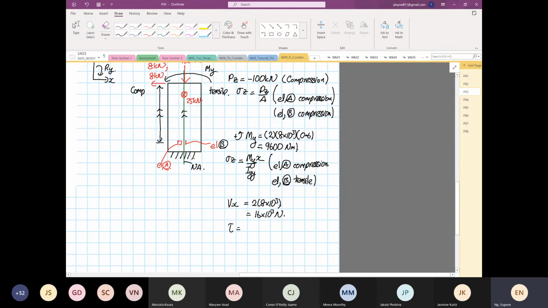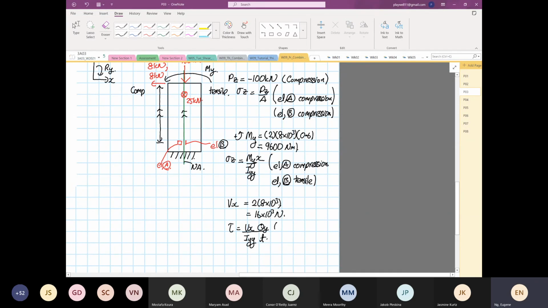Later on, we talk about shear stress in what direction, so just do shear stress. This is Vx over Iyy, Qy divided by t.